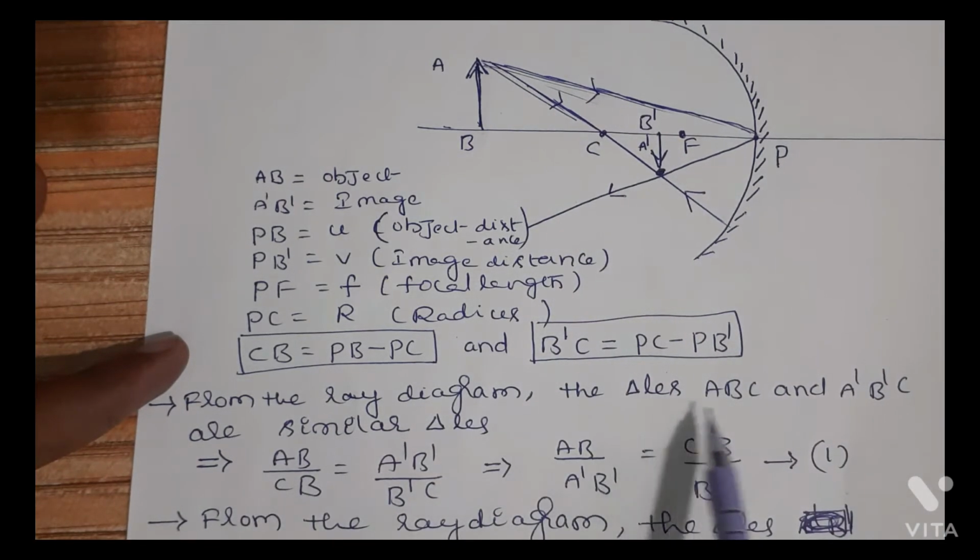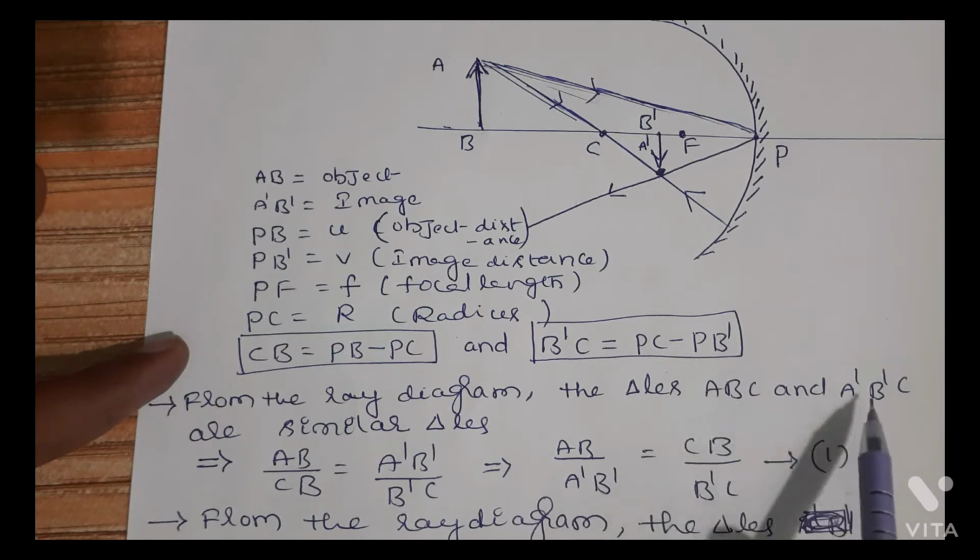When triangles are similar, we can compare the ratio between height and base of one triangle with the ratio between height and base of the other. So we compare the ratio of height and base of triangle ABC with that of triangle A'B'C.